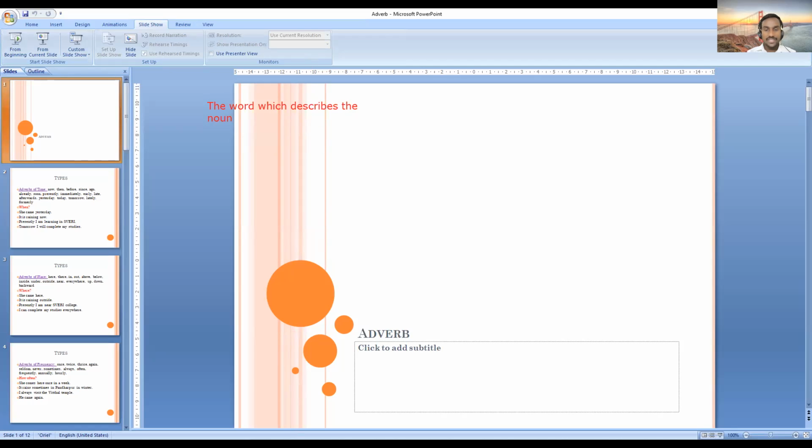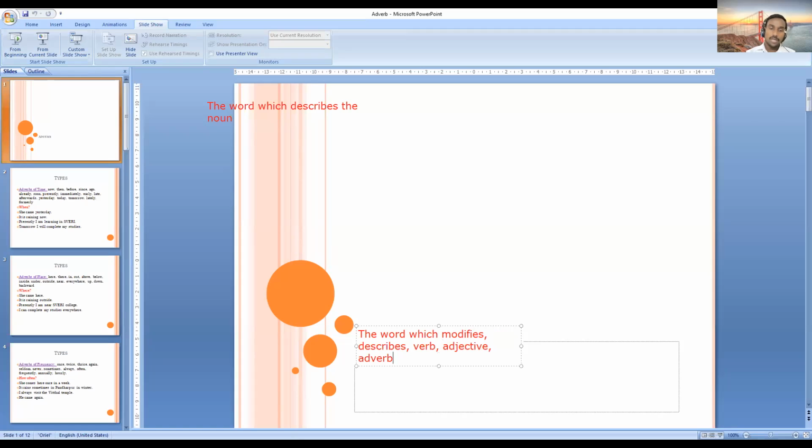So from that we can understand: the word which modifies, that brings some change, or describes what? It describes a verb. It can be a verb, it can be an adjective also, it can be another adverb.